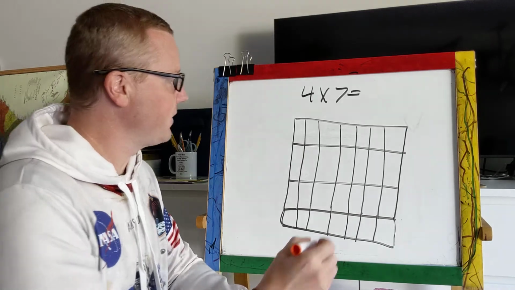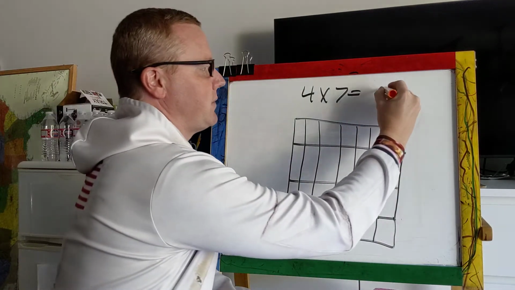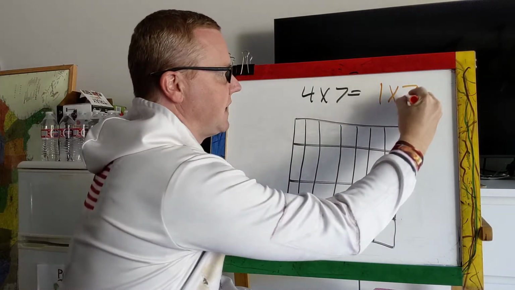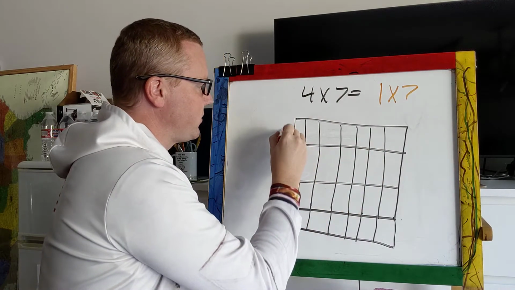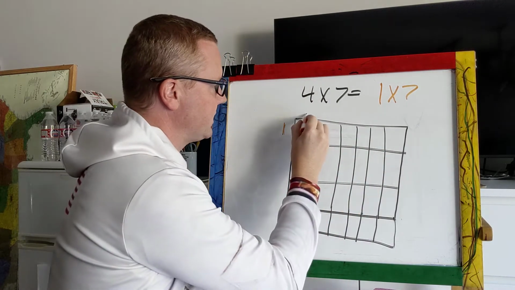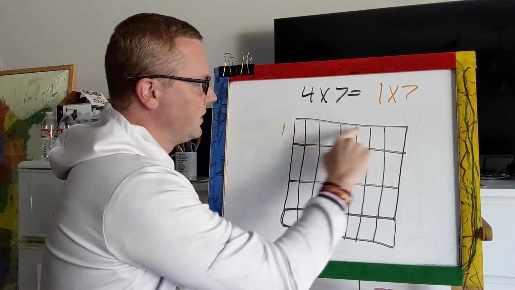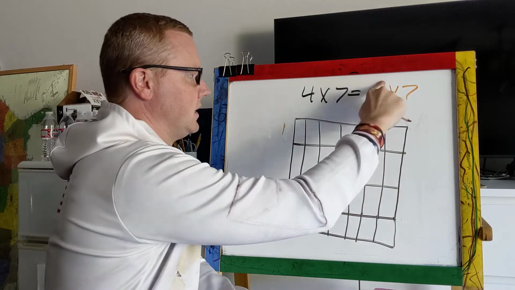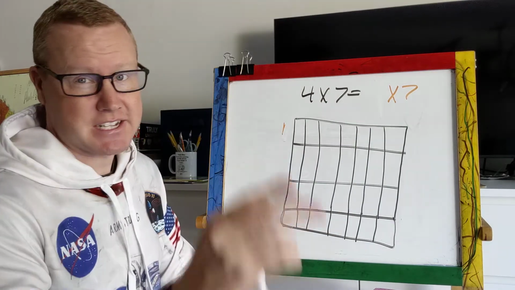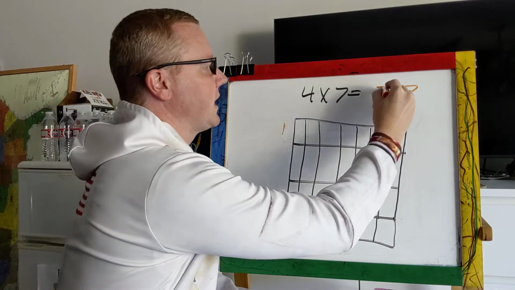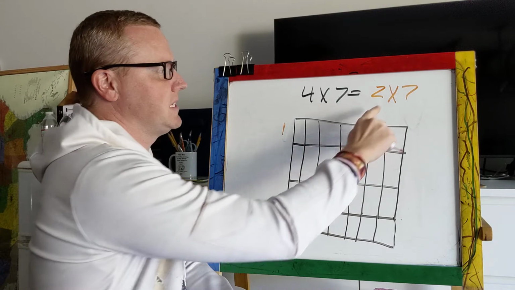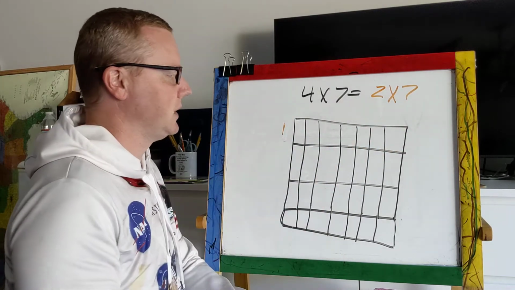If we have 1 times 7, I'm going to write it in a different color. 1 times 7, we know it's just right here, this little circle, because it's one group of 7. You guys know that answer. It's super easy. What about 2 times 7? You just know to double it.